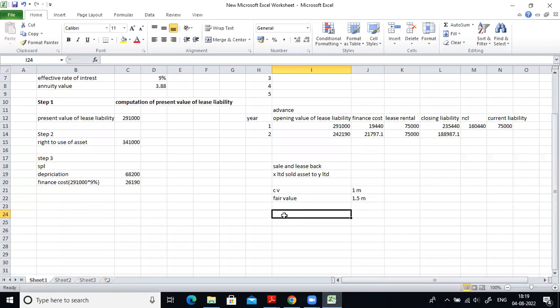Now, on what basis will Y Limited decide the lease rental? Will they decide on the carrying value of the seller, or at what value they purchased? Definitely they will be considering the fair value only, right? On the basis of this 1.5 only, the lease rental amount will be decided.